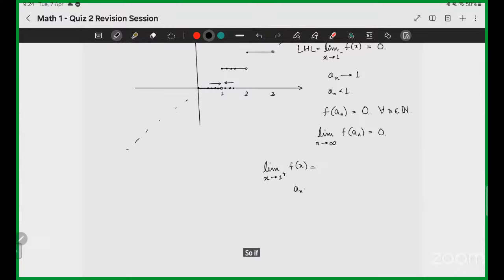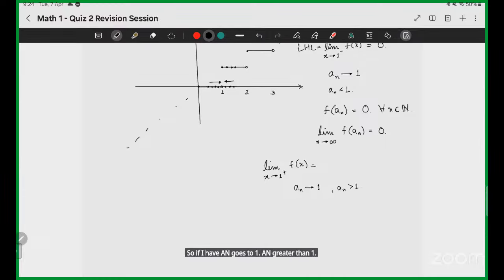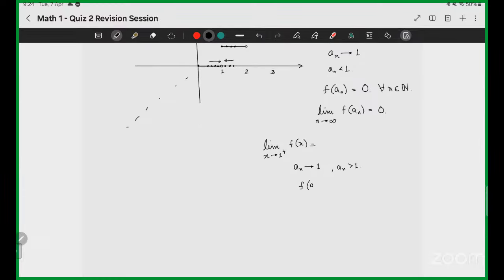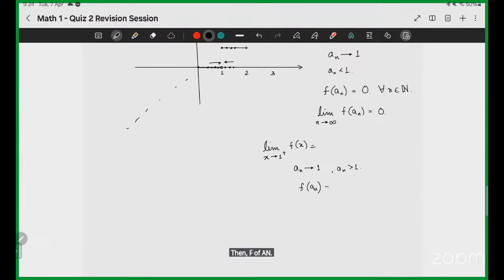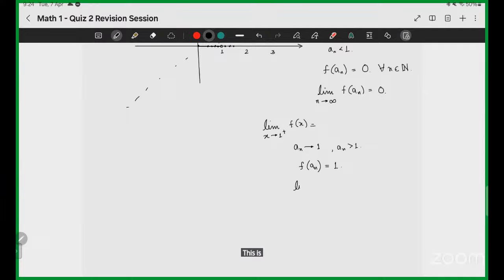So if an goes to 1, an greater than 1, then f of an is equal to 1. This is once again a constant sequence. So the limit as n goes to infinity of f of an is simply 1.